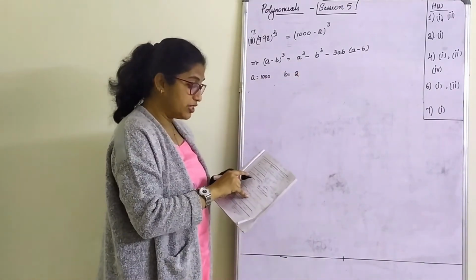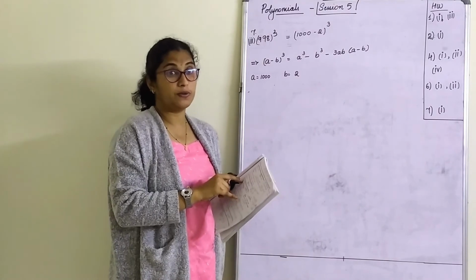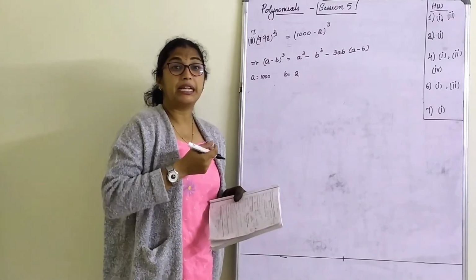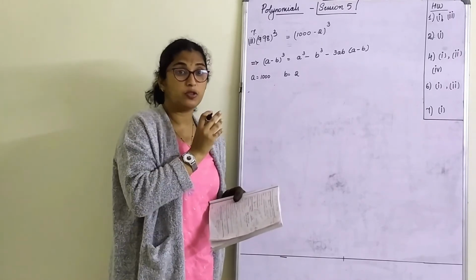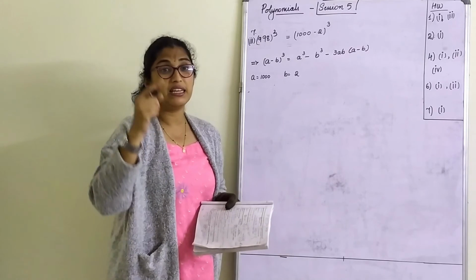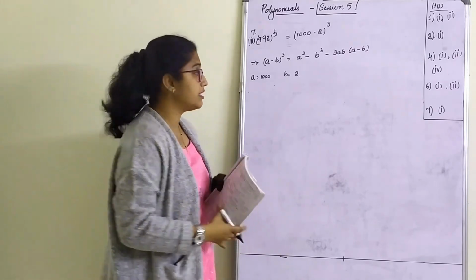Similarly, we have the first one as 99 cube. It can also be written as (90 plus 9) whole cube. But again, 9 cube, 90 cube; instead, (100 minus 1) whole cube is much easier because you only have to multiply with zeros.